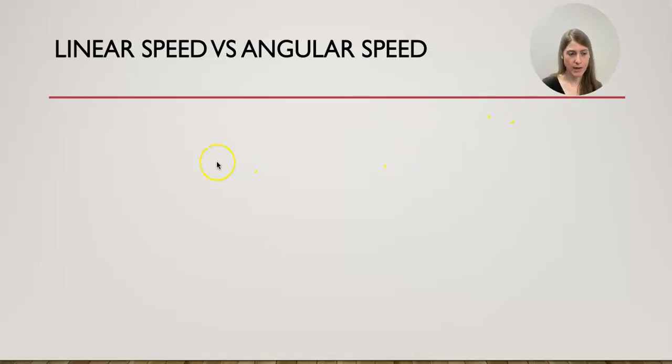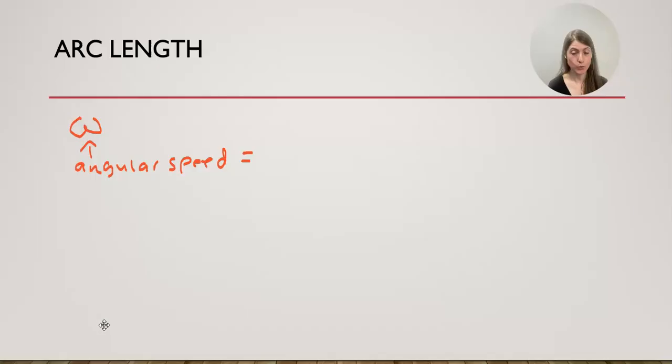So let's go ahead and think about what angular speed is. Sometimes we'll use the symbol omega for angular speed. You may see that if you take a physics class. But angular speed is how many radians you move through.